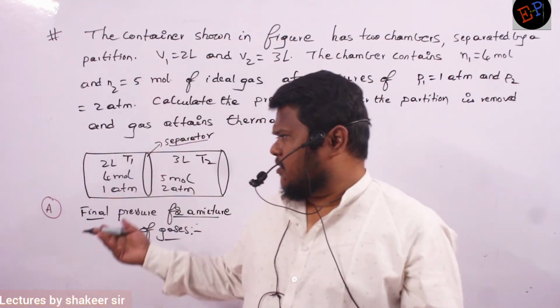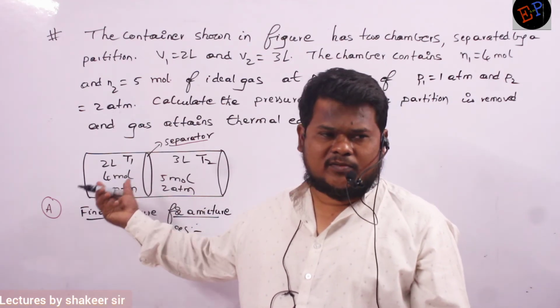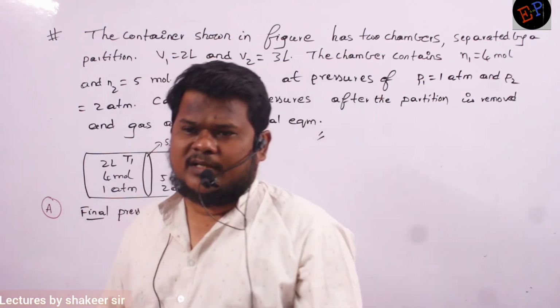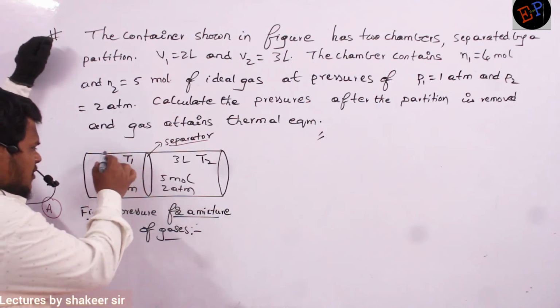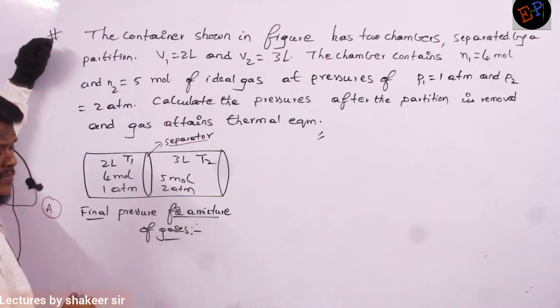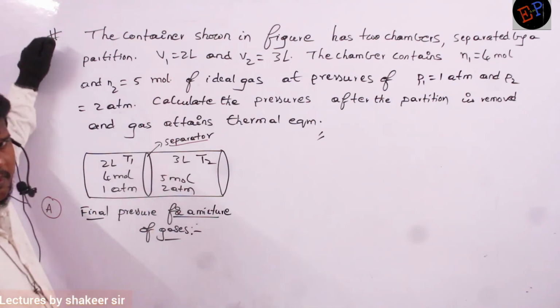But he did not say anything about temperatures, no? So I am taking the temperature of one chamber as T1. Temperature of the gas in the other chamber is T2. Now see, Seema, here there will be some energy of the gas and here also there will be some energy, no? And if I remove this separator, then the final energy again remains the same only, no?